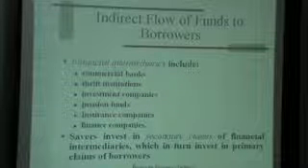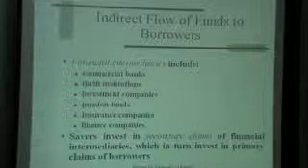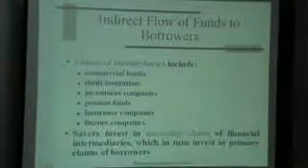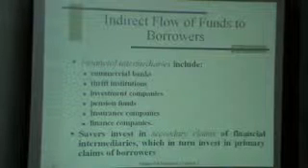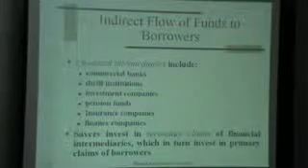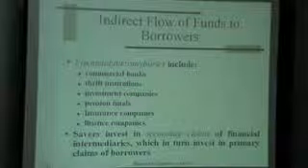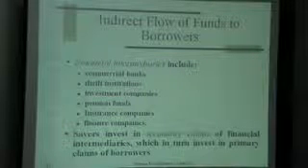Okay, now indirect flow of funds from borrowers, which include different financial intermediaries. These financial intermediaries are commercial banks, which we have many in our country, and thrift institutions like saving associations, saving organizations. Like we have these national saving centers, they can be an example of thrift institutions.